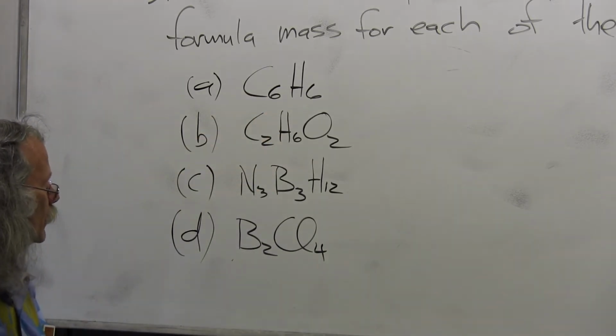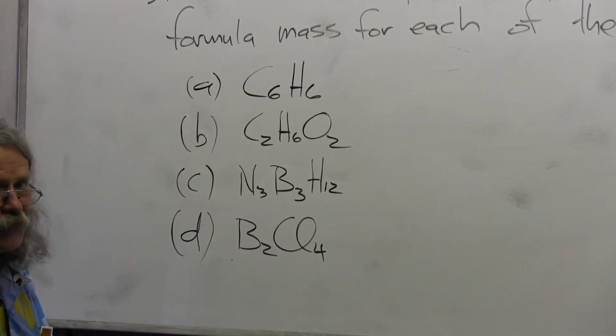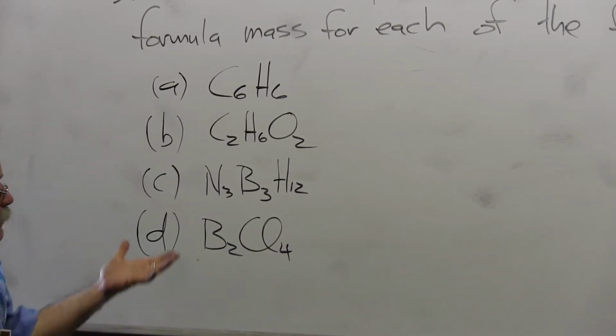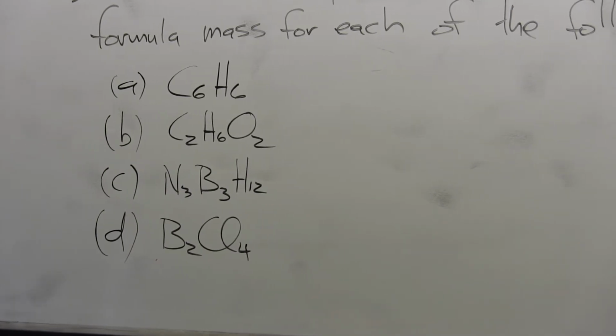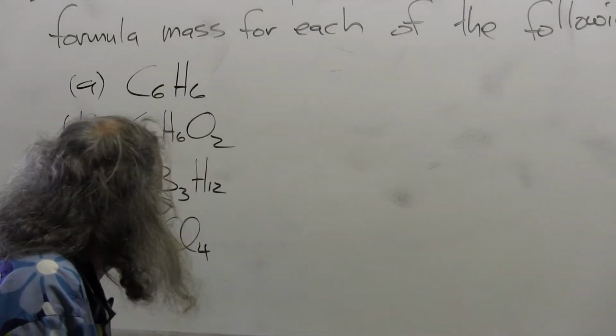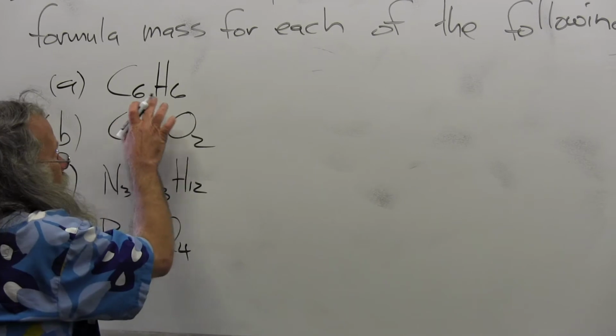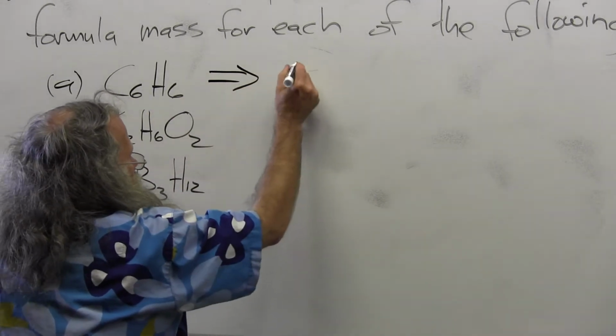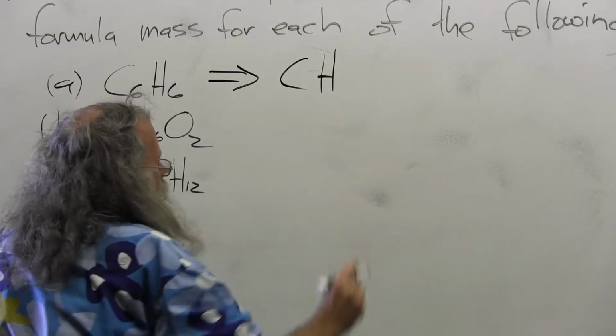So the first formula is C6H6. So the obvious lowest common denominator there is 6, we divide by 6. And that's going to give us CH.